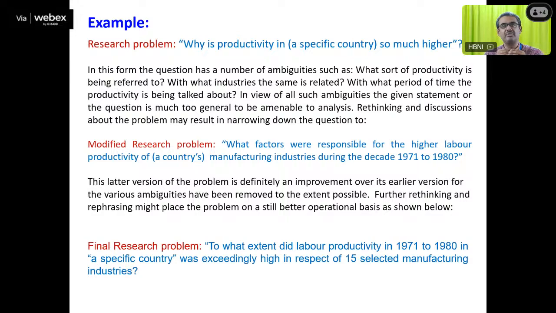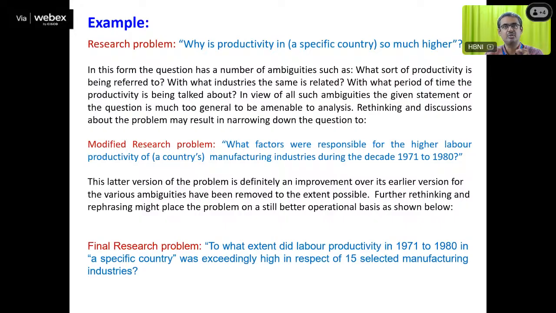So this is a problem which a statistical researcher will investigate and, by proper data collection, analyze, interpret, and propose a conclusion. But initially, he may not be equipped to propose the final version of the research problem.